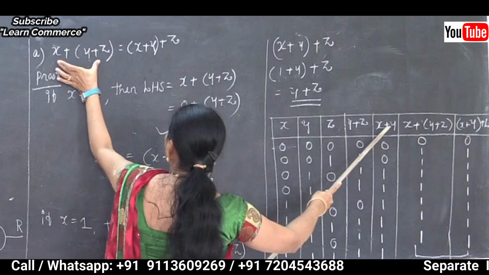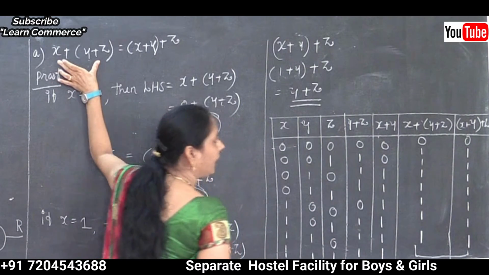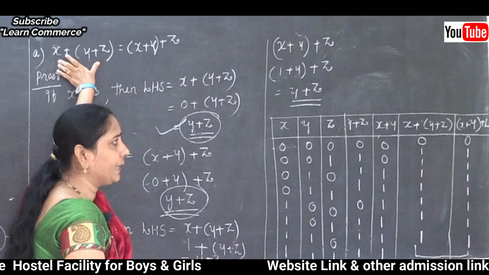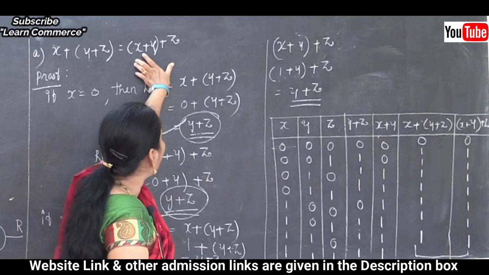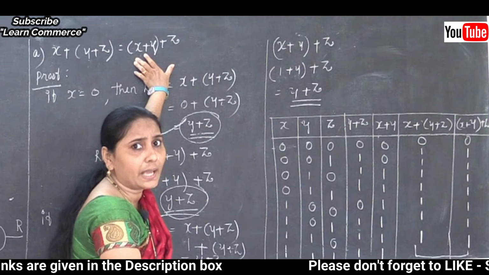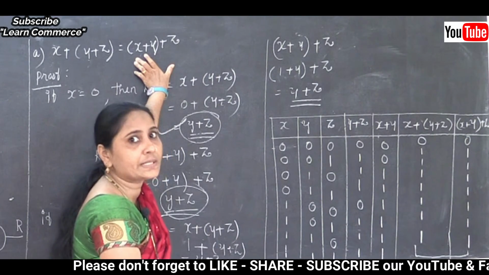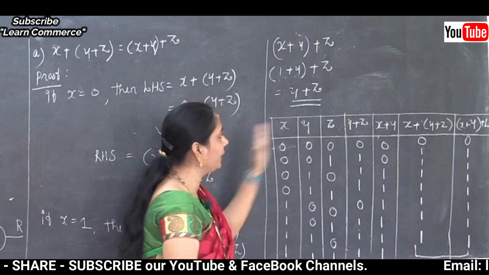Then the full expression, the left hand side, is x plus open parenthesis y plus z closing parenthesis, and like that only the right hand side expression is open parenthesis x plus y closing parenthesis plus z. I added them using the expressions in each column.